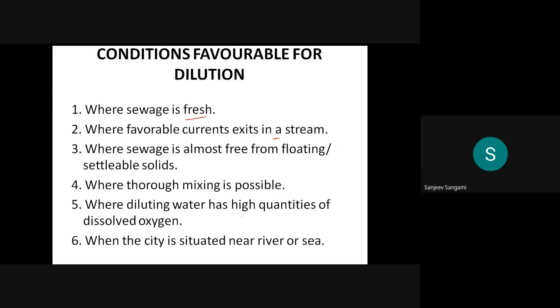It should have a high quantity of dissolved oxygen, and the city should be situated near the rivers or the sea. These things we will discuss in detail, each and every point, in the next class.